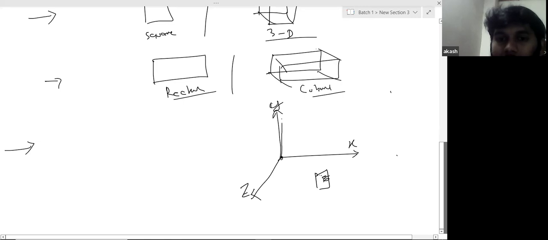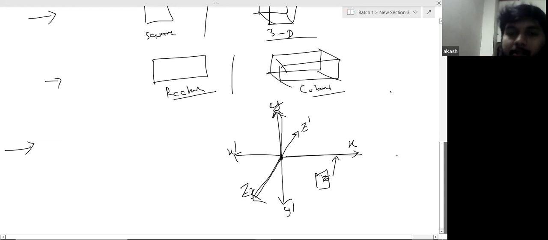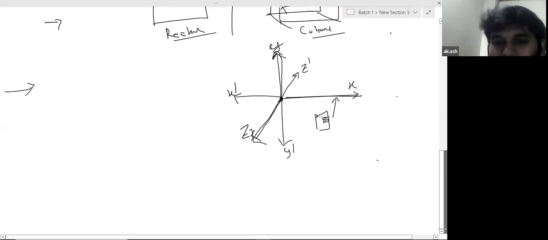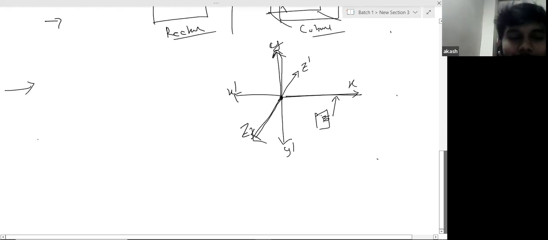This corner line is y-axis, your right side is x-axis, this is z-axis. The line going downside is y dash, the line going like this is x dash, and this is z dash. So your room is like this.